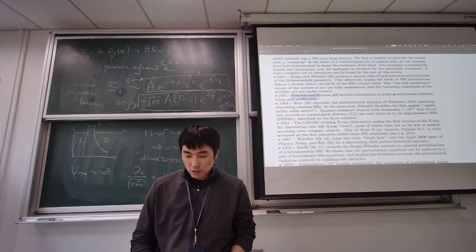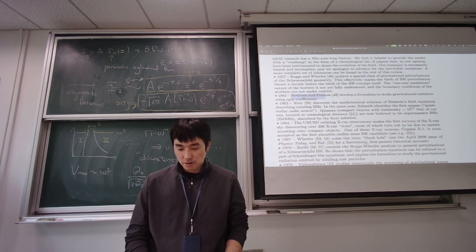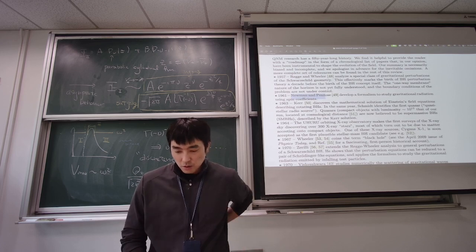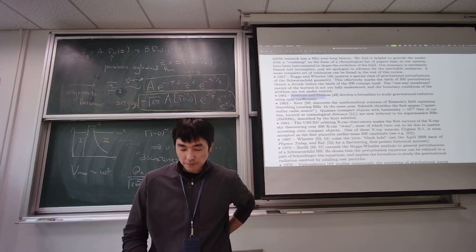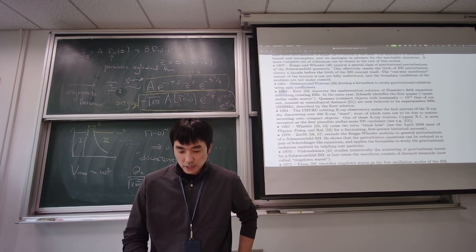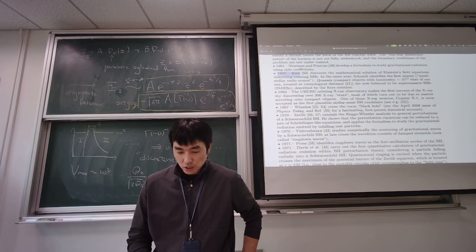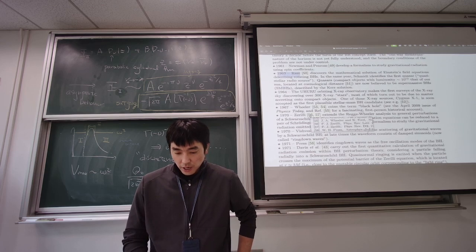Newman Penrose formulated a method for gravitational radiation in terms of spin coefficients. 1963, Kerr found the Kerr black hole solution, and then 1967, Wheeler coined the term black hole.